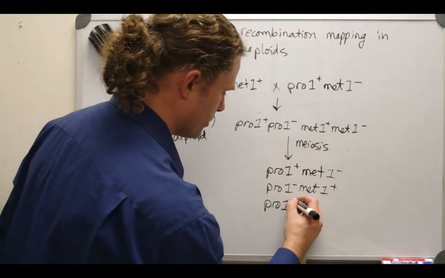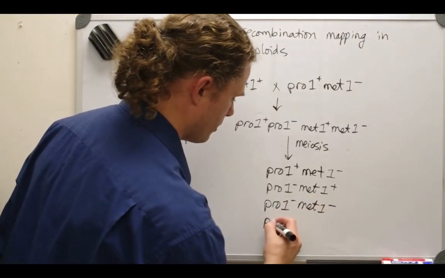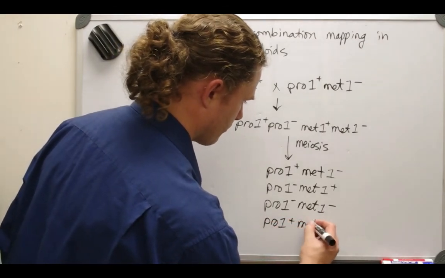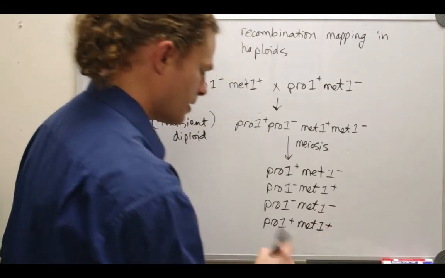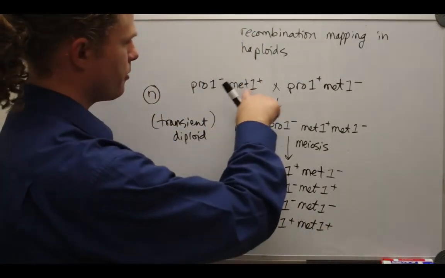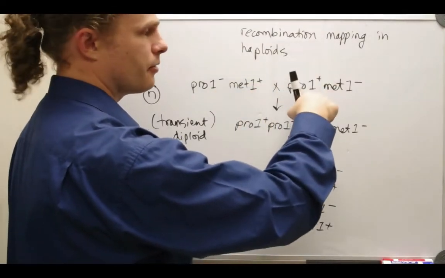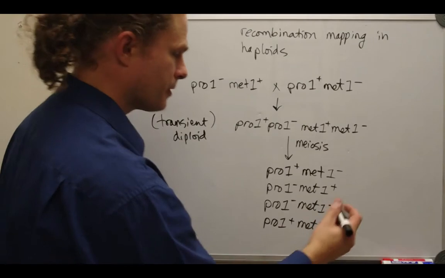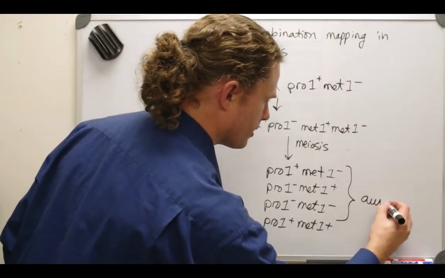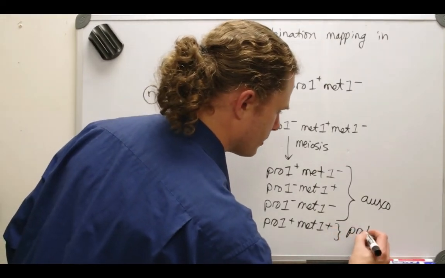One will now be the double mutant, and one will be wild type. This organism is a recombinant that now puts together the wild type allele from this one line with the wild type allele of the other locus from the other line. What's interesting here is that all three of these would be auxotrophic, whereas this one would be prototrophic.